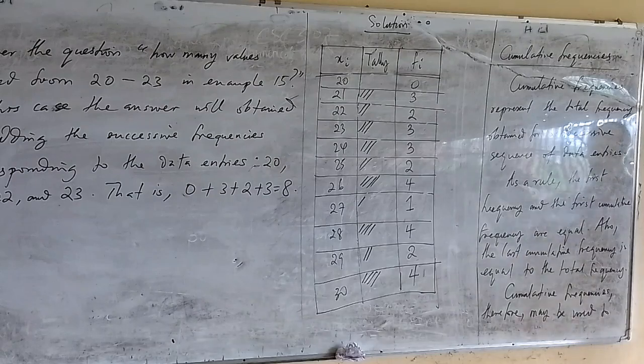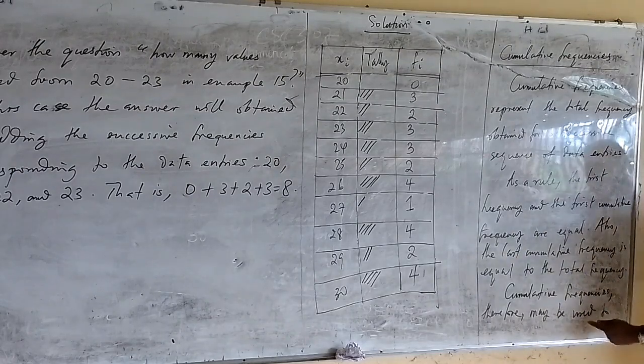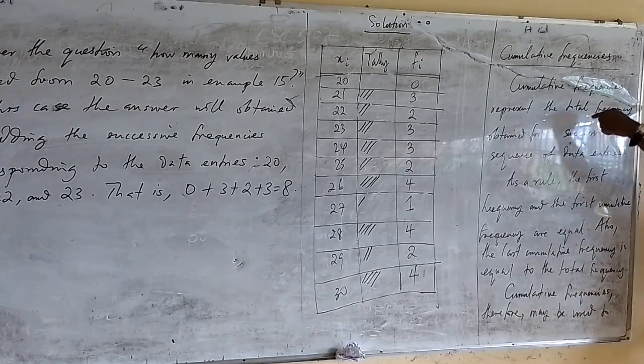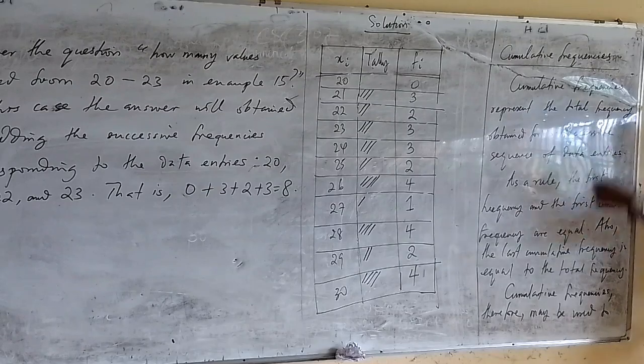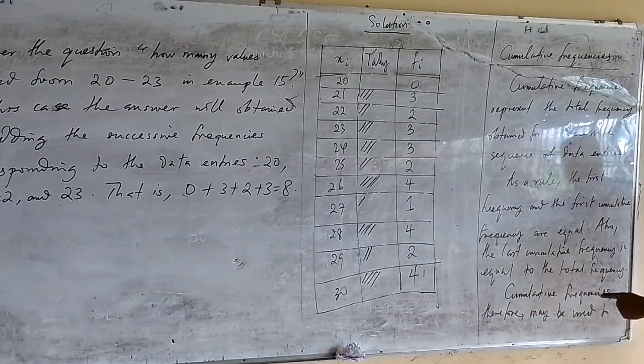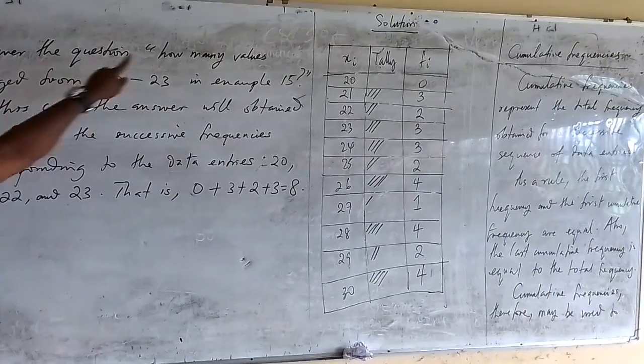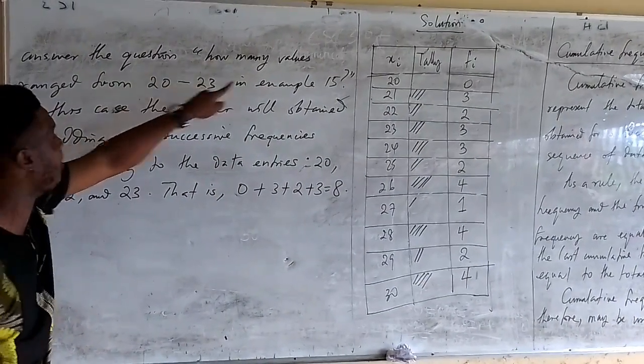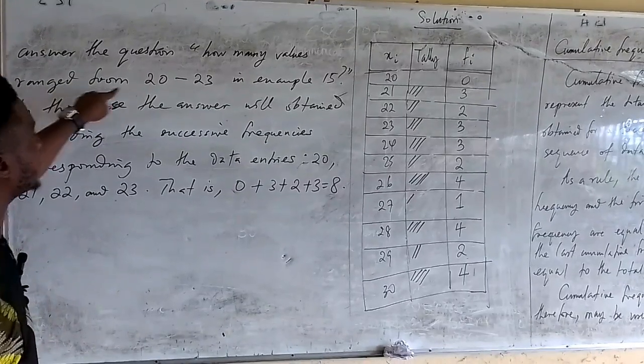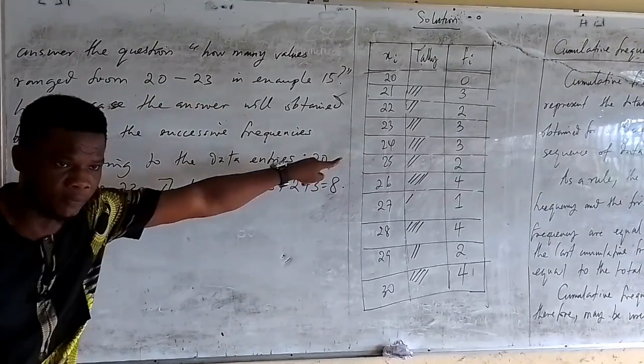In relation to this example, I'm trying to give you an illustration of what the definition is saying. So what are we saying here? Cumulative frequencies, therefore, may be what? May be used to answer the question in quotation marks: how many values range from 20 to 23 in this example?